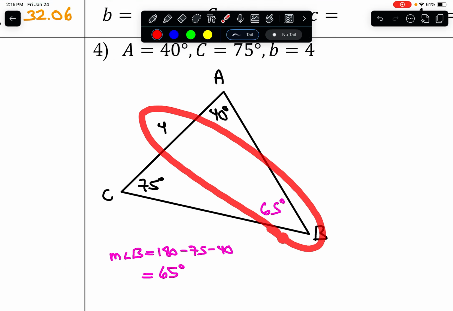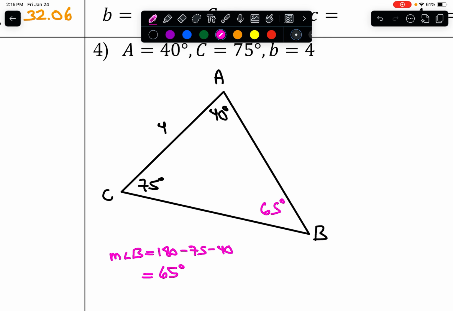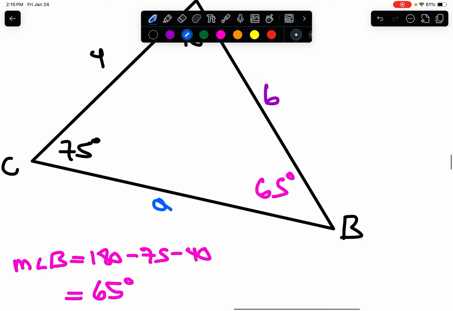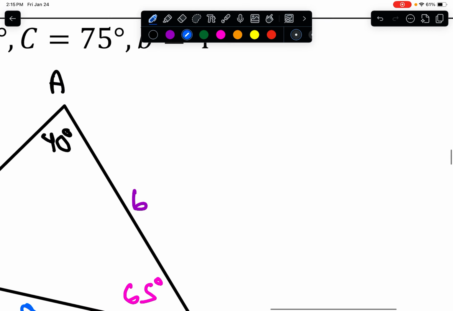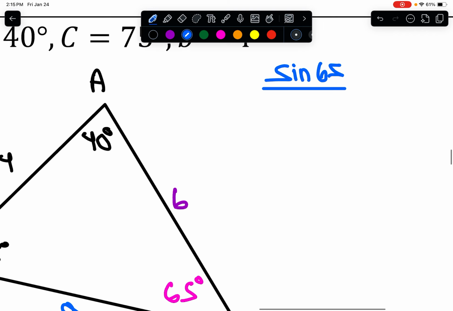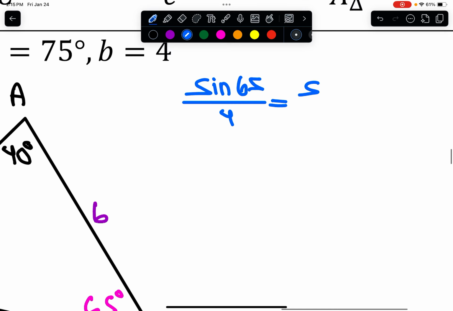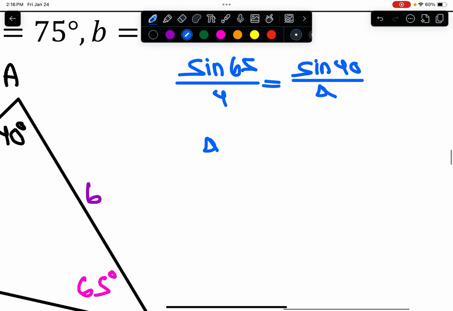So over here, I have my combo. You can do your combo now to solve for your A value and your B value. Let's go ahead and solve for the A value first. So sine 65 over 4 is going to equal sine of 40 over my A value. I'm going to skip a few steps.